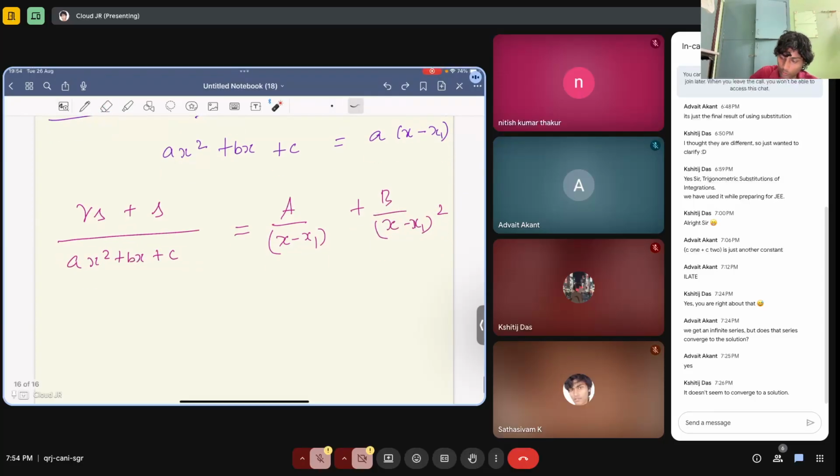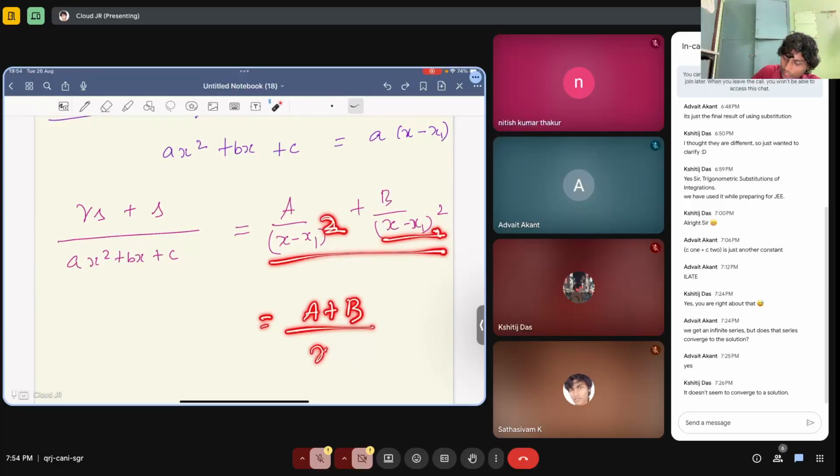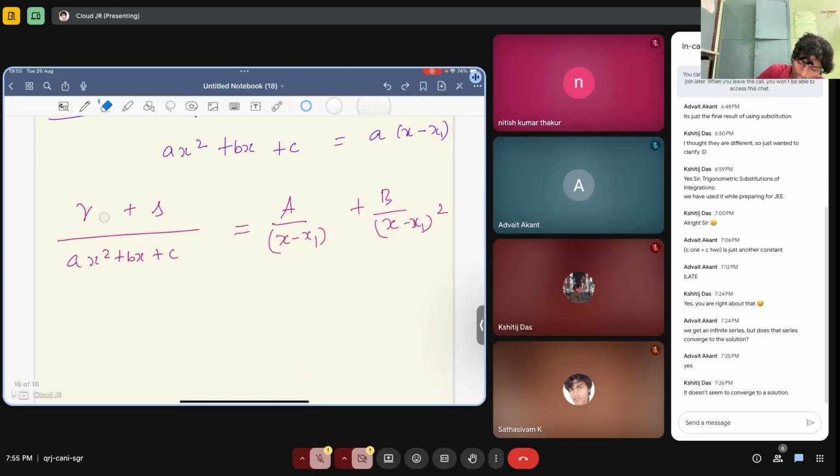Okay, now the question is, I have a square term here, no worry, then why not put a square here also? If you put a square here also, then the addition is nothing but a plus b by (x minus x1) the whole square. But a and b are constants, so a plus b will only give you a constant. But we need rx plus s. So since you need rx plus s, you cannot take a square here also.